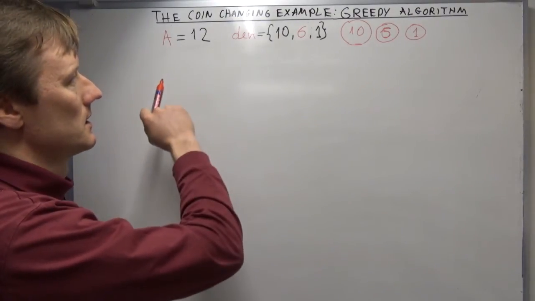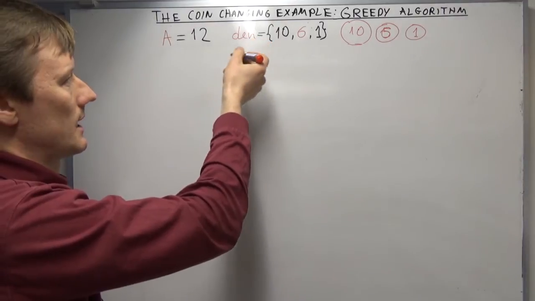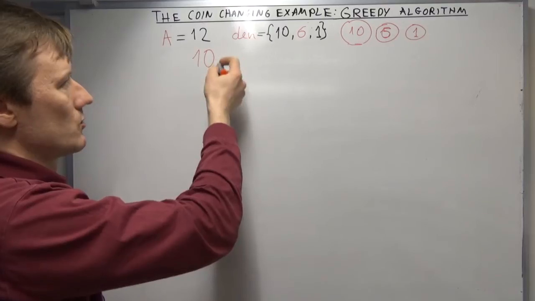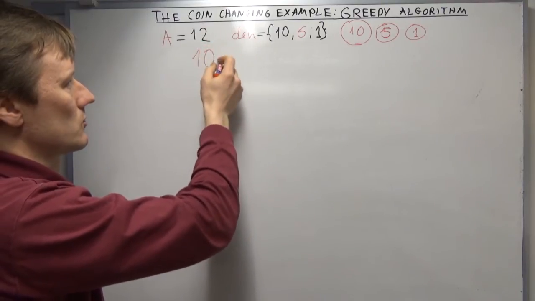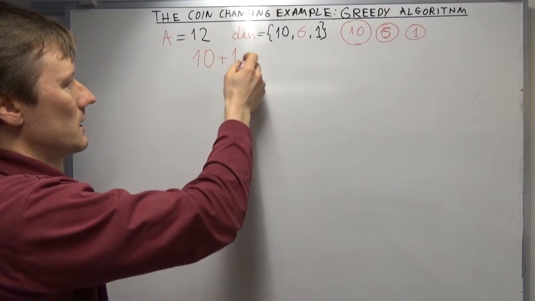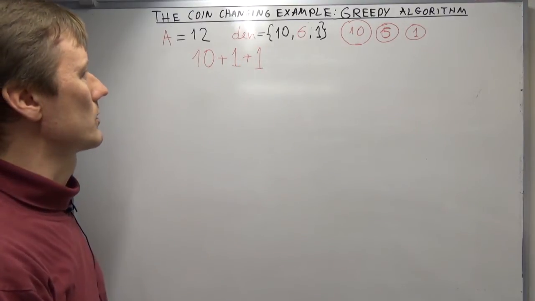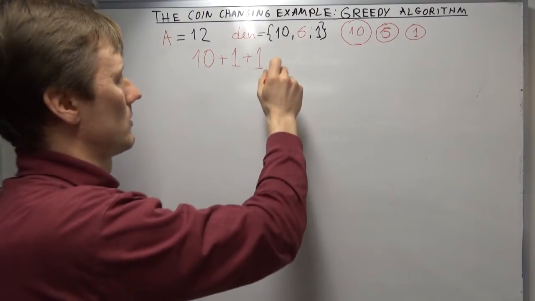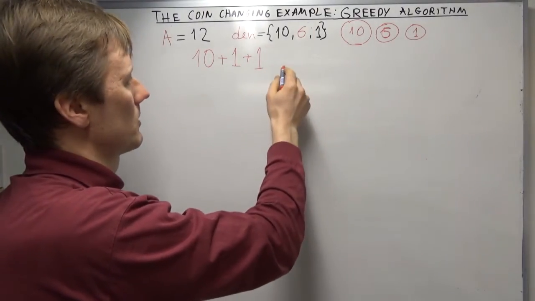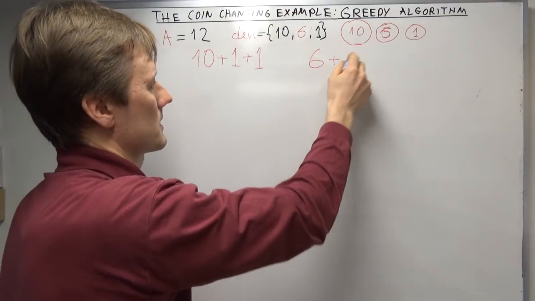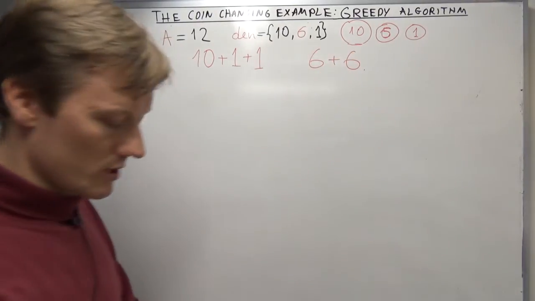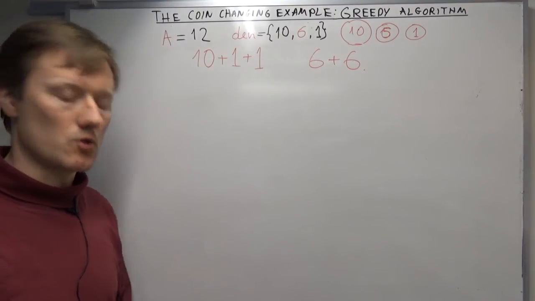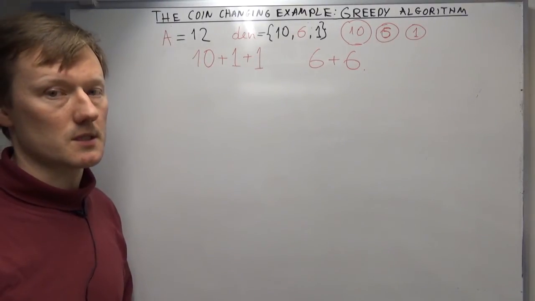Like in this case, the greedy algorithm would result in taking 10 krona and then leaving us with a problem of 2 krona, which is obviously solved by taking two 1 krona coins. And this is obviously not optimal. The optimal one is 6 plus 6. So just giving one counterexample, we immediately show that this greedy choice does not work in this problem setting.